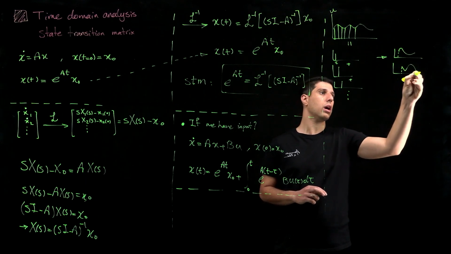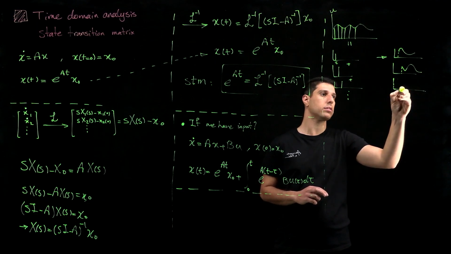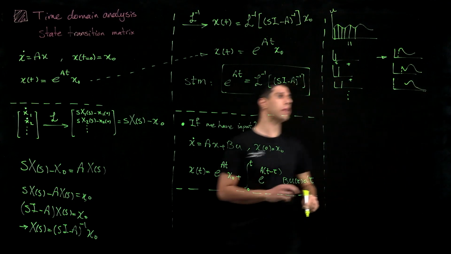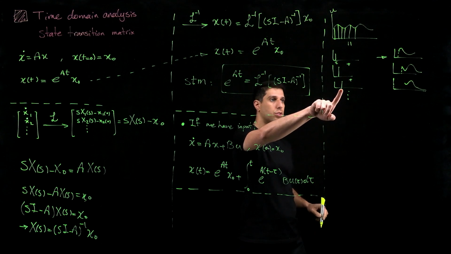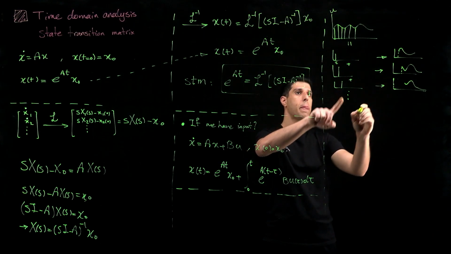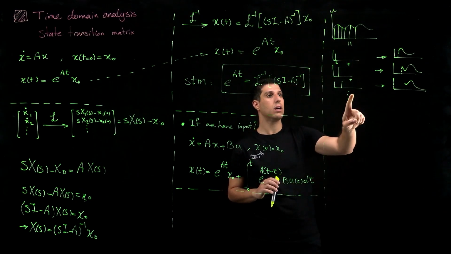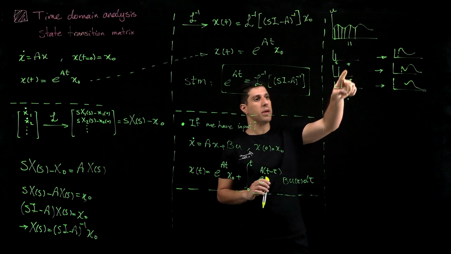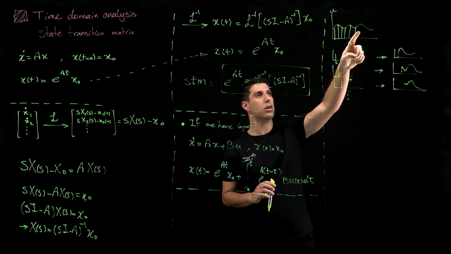So I don't know how they will look like, but this one goes here, something like that. So if I apply my impulse to the system, I get some kind of response. And the same way, because the system is linear, by summing all these inputs, I get the original input.